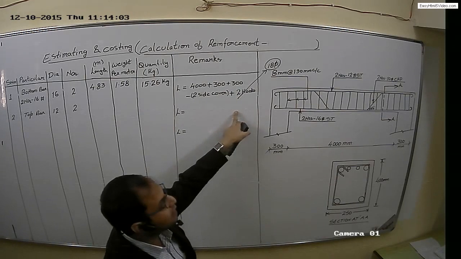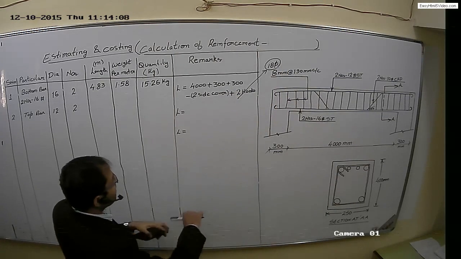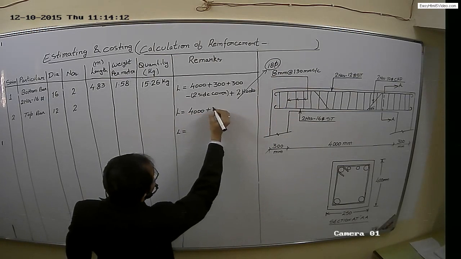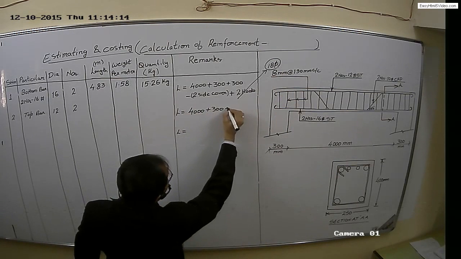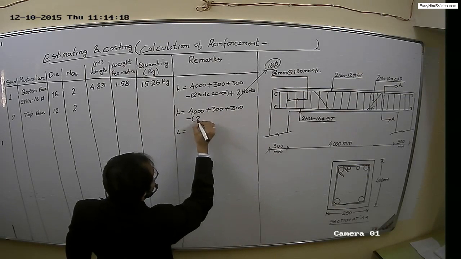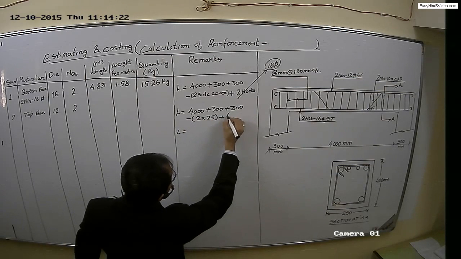Now this time the phi will change. In this case phi will be 12. Okay? So we will write 4000 plus 300 plus 300 minus 2 into 25 plus 2 hooks.